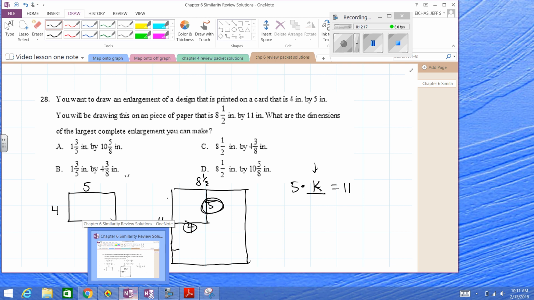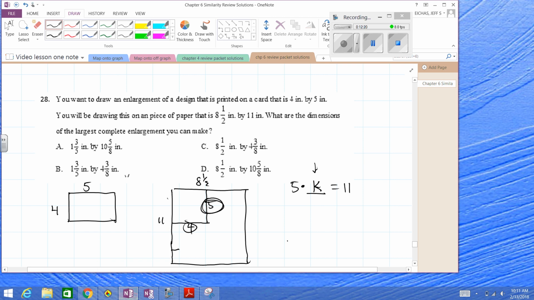The goal is, will that scale factor still keep 4 inside of that? Okay, it's a little bit tricky. So we're going to divide by 5. So the scale factor we're going to use for this is 11/5, which is 2.2.